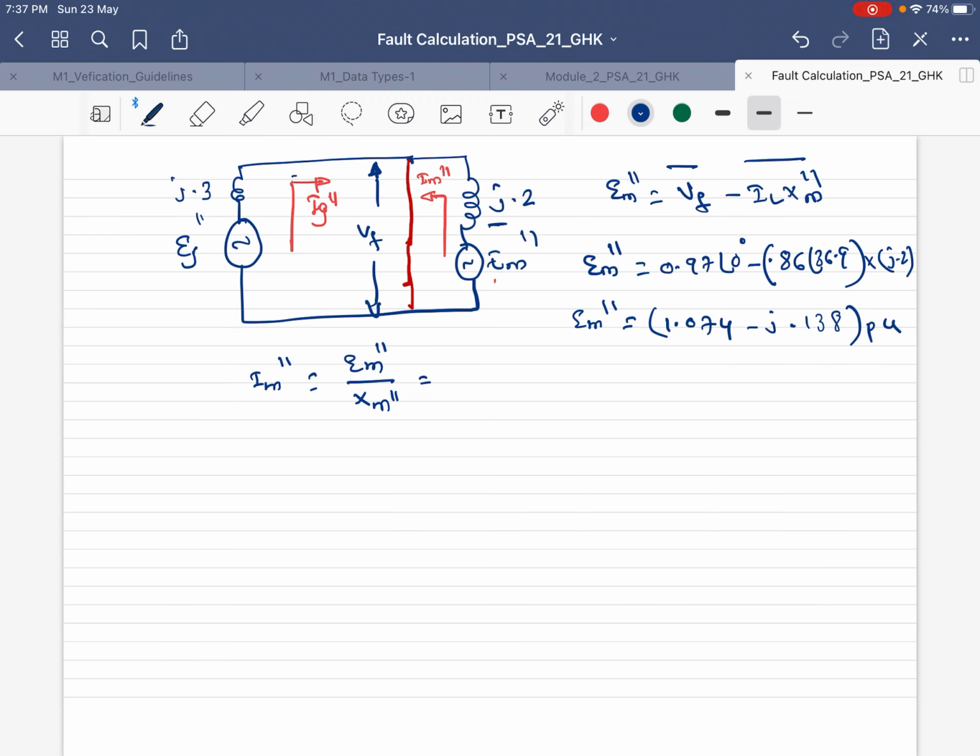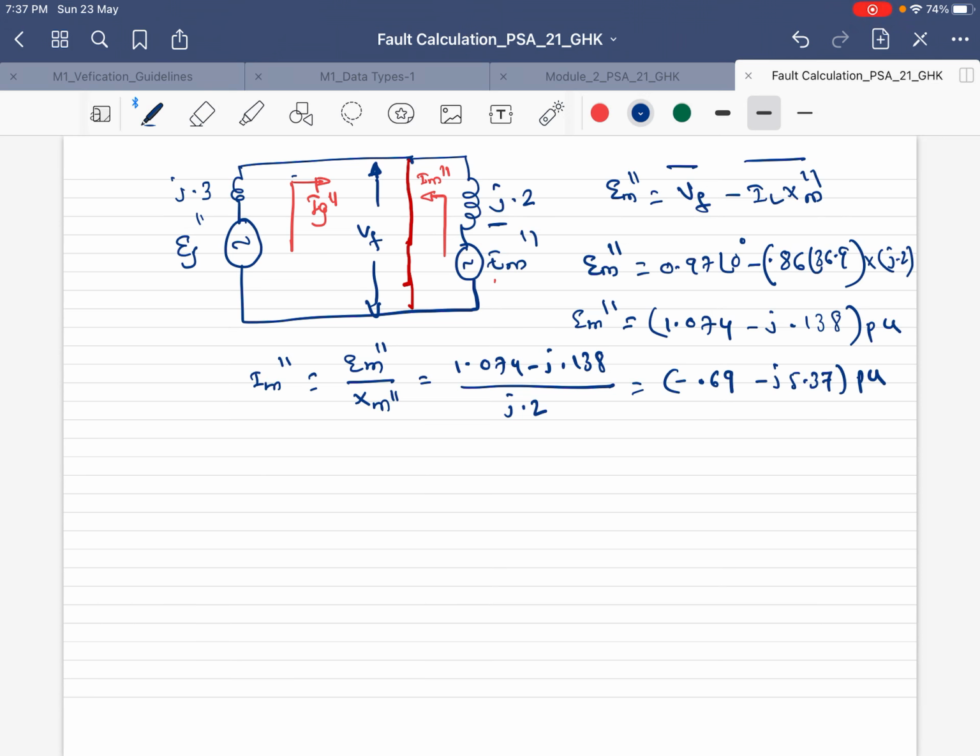EM double dash is 1.074 minus j0.138, divided by XM double dash, which is j0.2. Working out IM double dash, you get minus 0.69 minus j5.37 per unit.